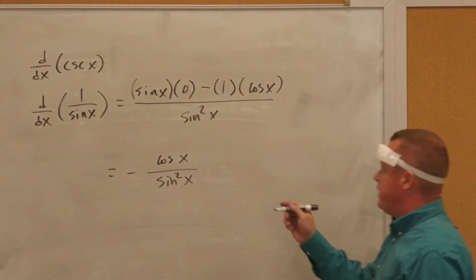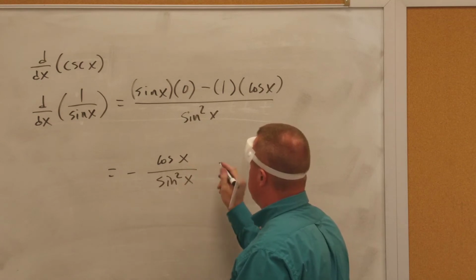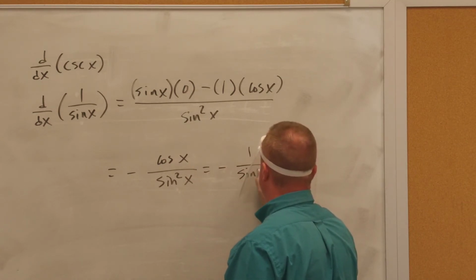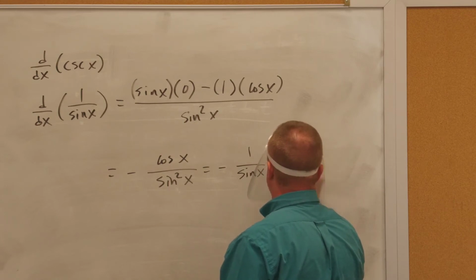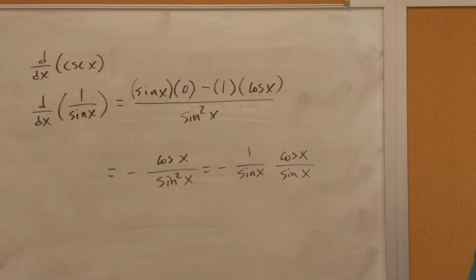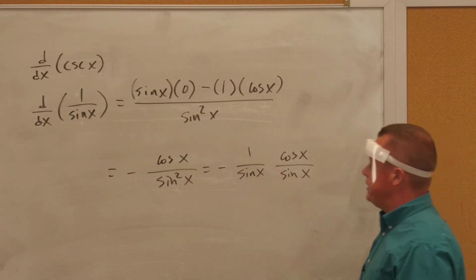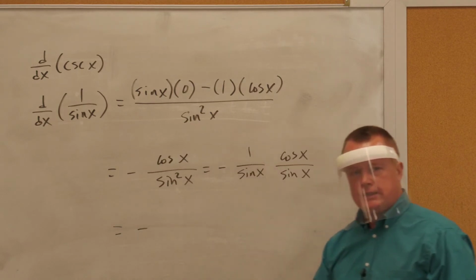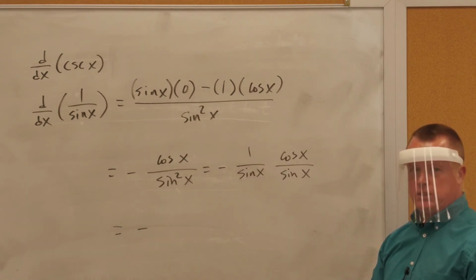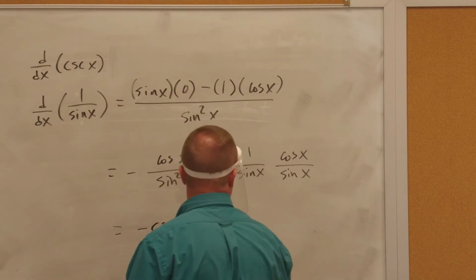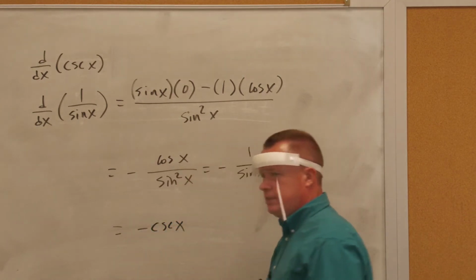So now since I've got cosine over sine squared, I can rewrite that as 1 over sine x times cosine x over sine x, right? Okay? What is 1 over sine x? Cosecant, right? Cosine over sine, what is that?